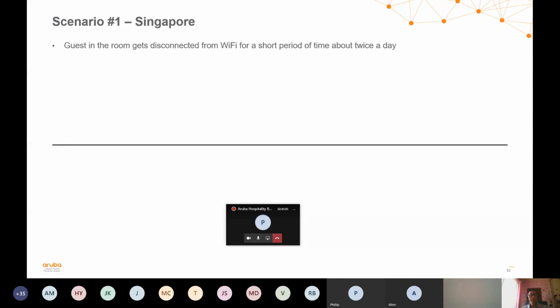Guests in the room get disconnected from Wi-Fi for a short period of time, about twice a day, consistently. The AP that's deployed is an 11n 2.4 gig model only, meaning it's not a dual band AP. And the AP is located in the room next to the minibar.